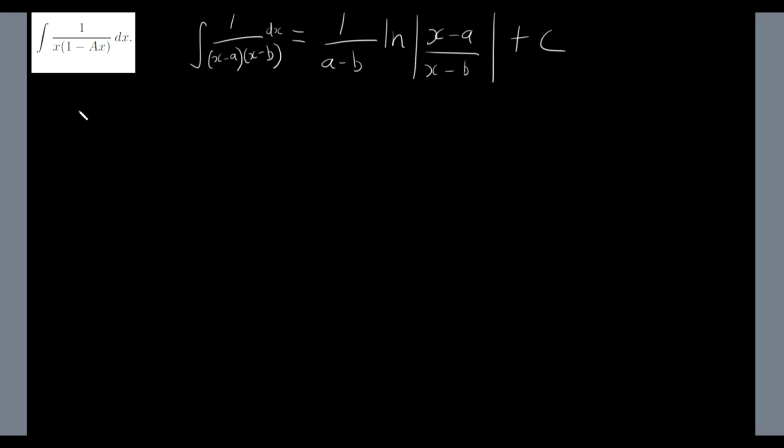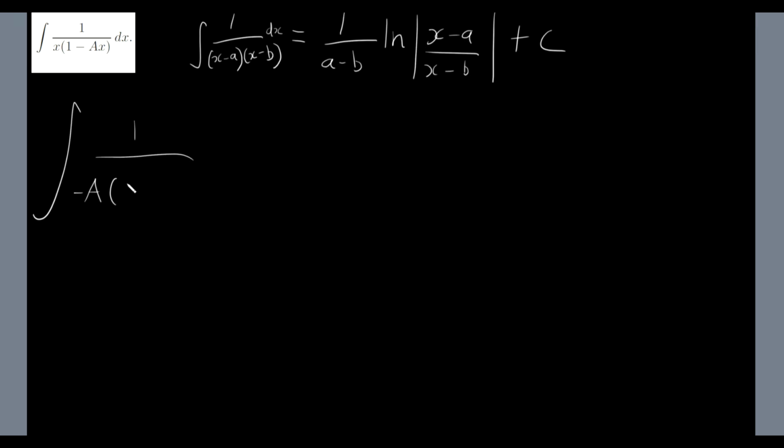Okay, let me write a nice big integral over here. So we have 1 over, okay, now we have a coefficient. We have a negative a coefficient next to this x. I want this to be a positive x with no coefficient. So I'm going to take the negative a out of this. I'm going to write here negative a. And I want it to be x minus something, so I've taken the negative a out, and I'm going to write the x first.